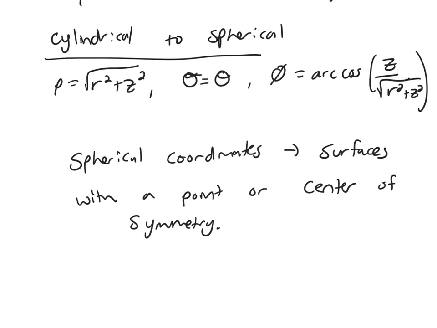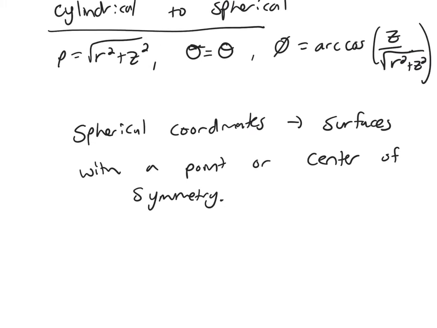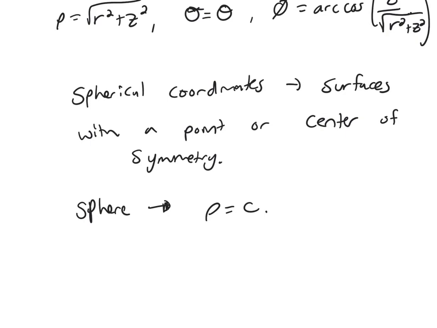A sphere has symmetry around its center, and it has a really nice equation in spherical coordinates. If you take a sphere that's centered at the origin and convert it into spherical coordinates, the equation becomes rho equals some fixed number c, and that's a much more simplified equation for a sphere than it is in rectangular.